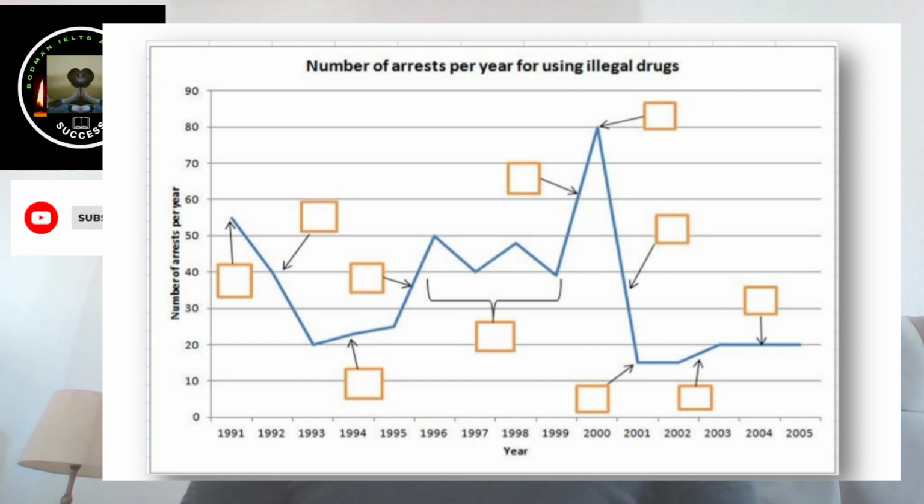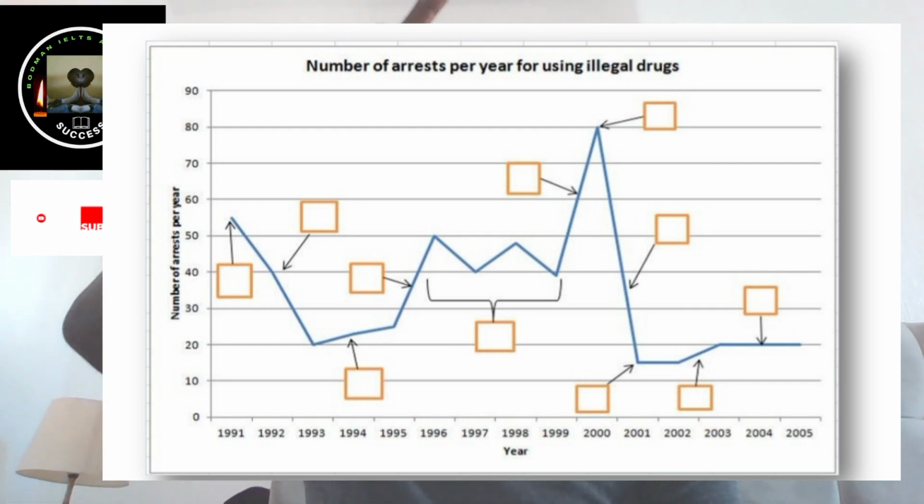Then another one that is similar to that is decreased significantly or dramatically or fell significantly. Fell, when something falls, fell significantly or decreased significantly or dramatically. Significantly and dramatically, they are synonymous. Now, look at this graph again. I don't need to tell you the meaning of decreased significantly.